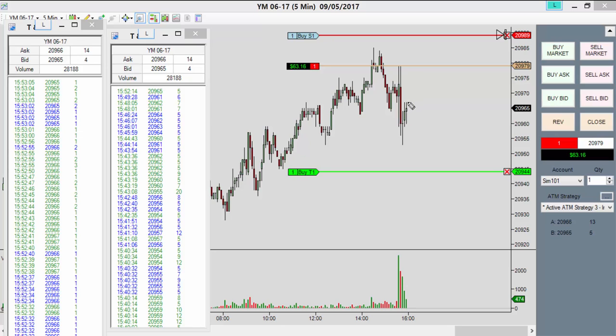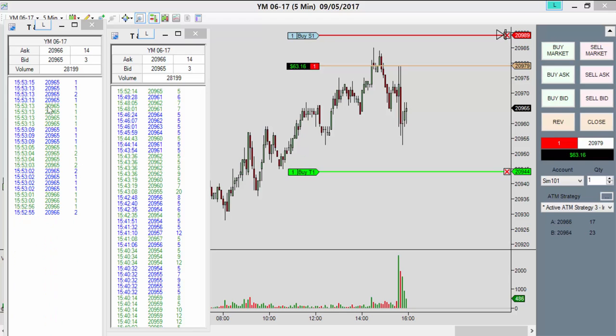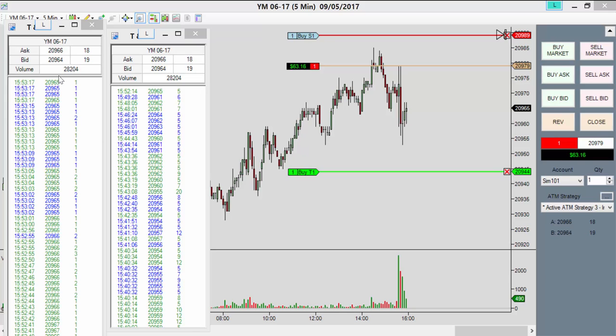So I would be looking, maybe it's going to tick up a little bit more. That's where the unfiltered order flow, the unfiltered footprint time and sales comes in handy, because it gives you a feel for momentum to complement the bigger orders and the bigger order flow.